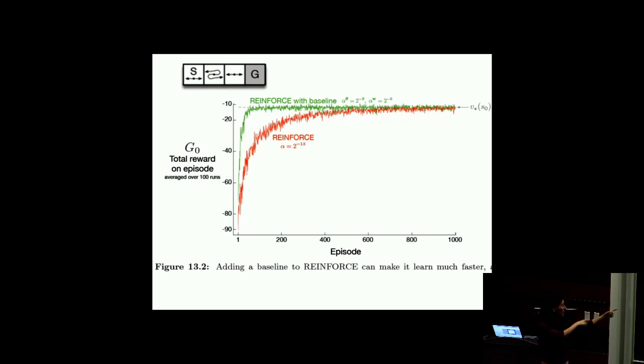And this is where we end up a slide ago. Historically, we started by using the Monte Carlo estimate instead of the function approximation for Q. But right now, all these actor-critic methods use function approximation for Q.